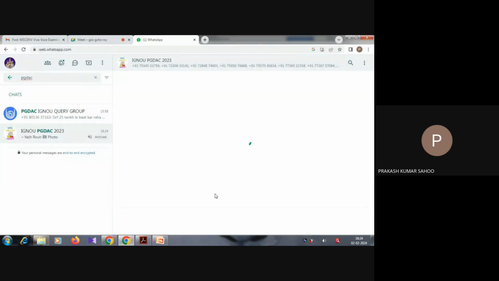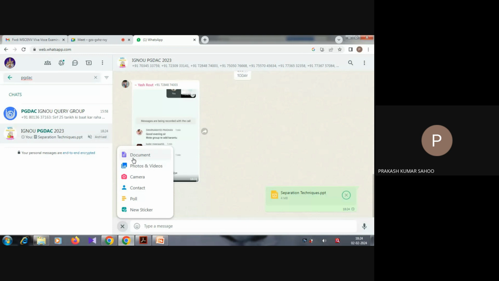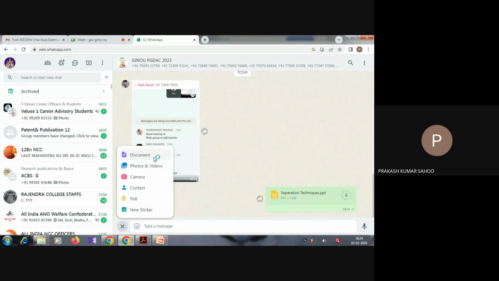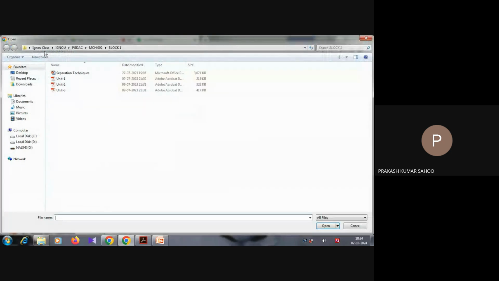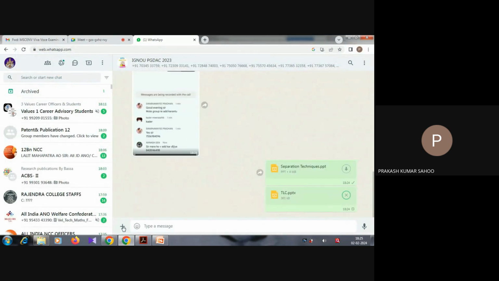This is just one separation technique. So any queries, students? Or everything went so smoothly that you can write your answers in your exam.